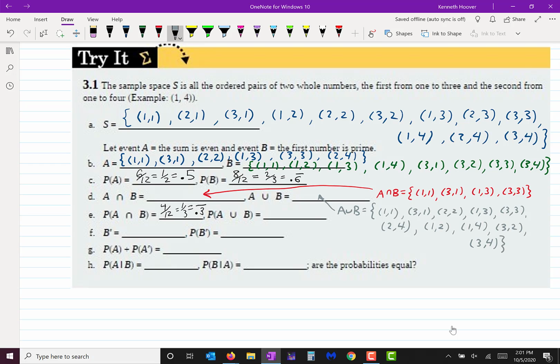So there's A union B. So now they want to know the probability of that. Let's count how many things are in there. 1, 2, 3, 4, 5, 6, 7, 8, 9, 10. Out of a total of 12. So that's 10/12, which is 5/6, which is 0.8 and then a repeating 3.